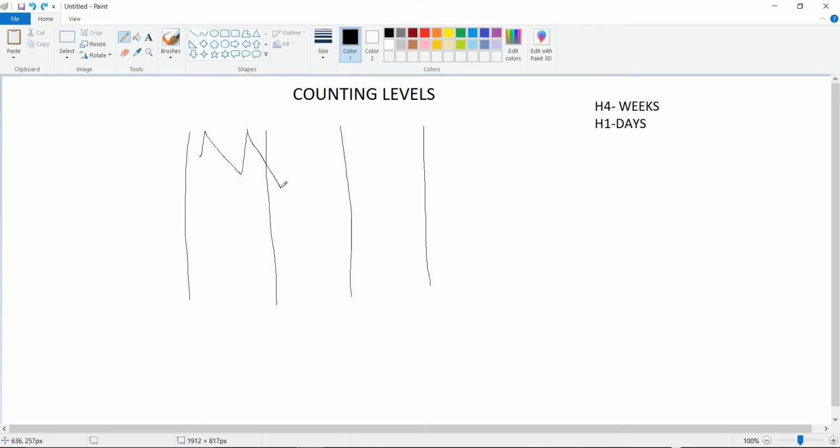Then it cuts across into your second period separator, this right here. So it's going to cut across into your second period separator to form the first level. This is the first level.